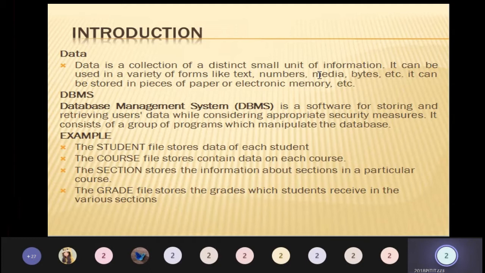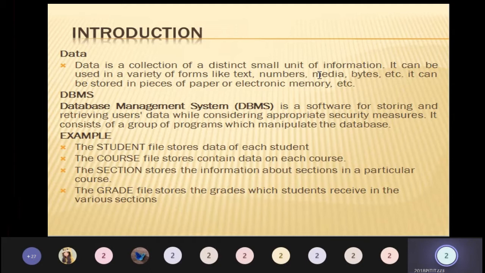It can be used in a variety of forms like text, numbers, media, bytes, etc. It can be stored on a piece of paper or in electronic memory, etc.